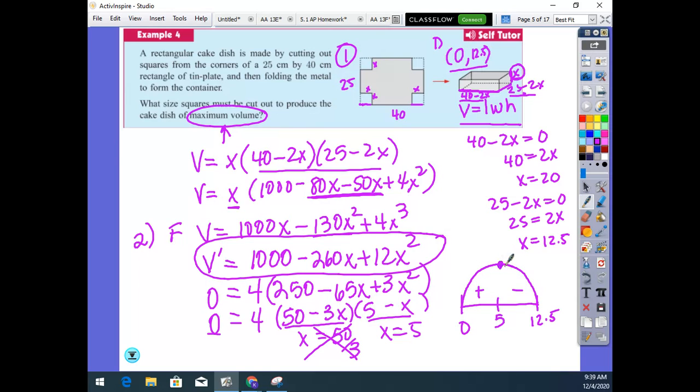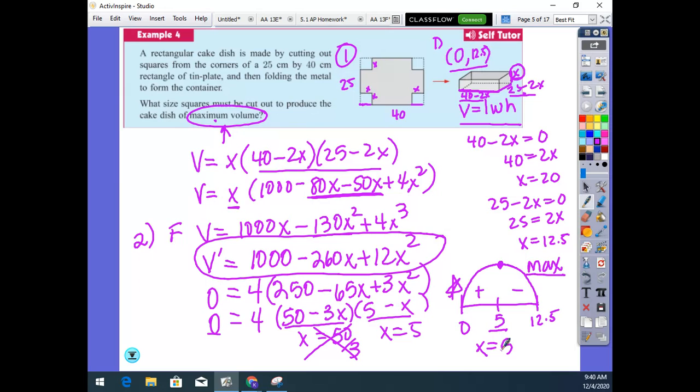So that's why this is a maximum. And so we have to show this because we're trying to prove that it's a maximum volume. So we use the sign chart to help show this. So x equals 5. This is our optimal solution. This is our maximum.